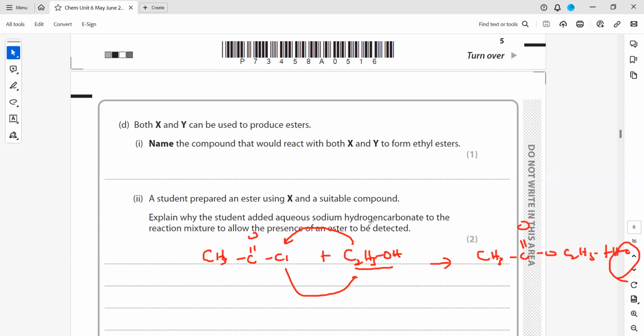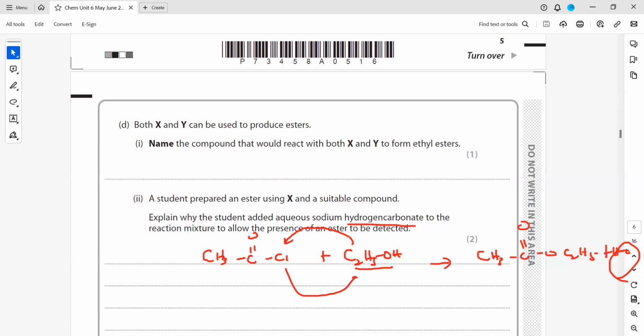What is the purpose of adding sodium hydrogen carbonate? The purpose is to remove the acid, to neutralize the acid. And why should we neutralize the acid? Because acid also has a smell and ester also has a smell. So the smell of the acid may mask the smell of the ester.